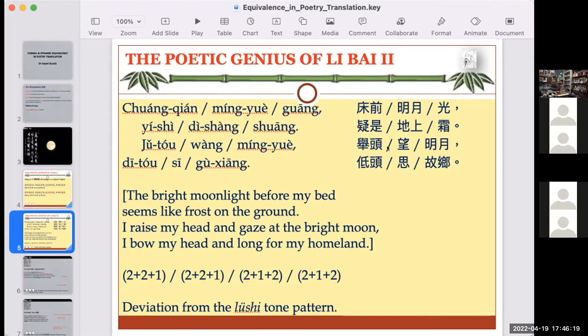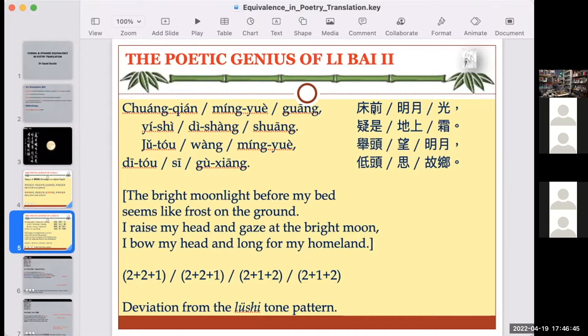And here I divided, this is my own scansion of the poem. I divided it into disyllabic units. So Chuangtian, again, according to the grammar, according to the meaning, according to the rhythm. So Chuangtian, I would put it as one yinbu, Mingyue, and then Guang.